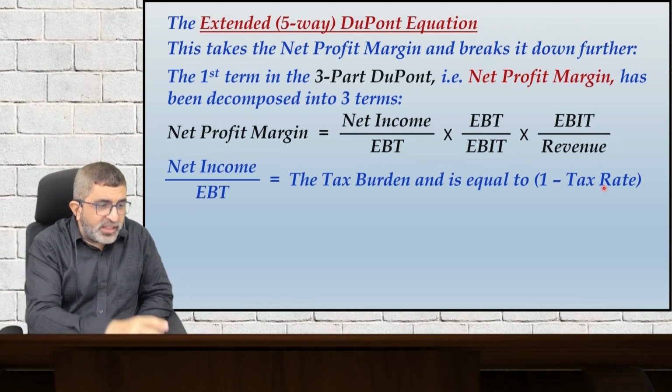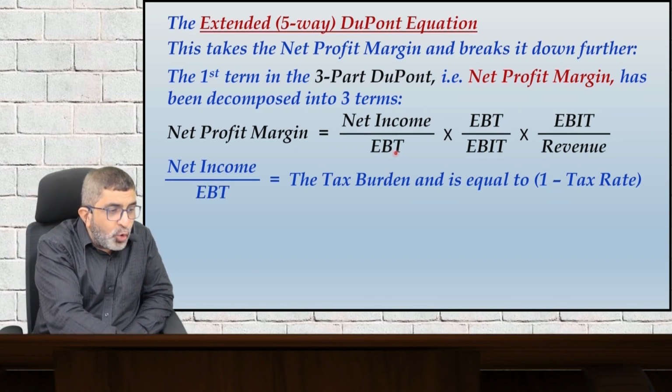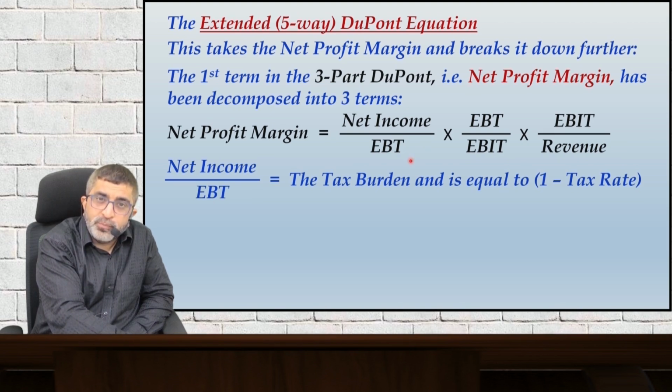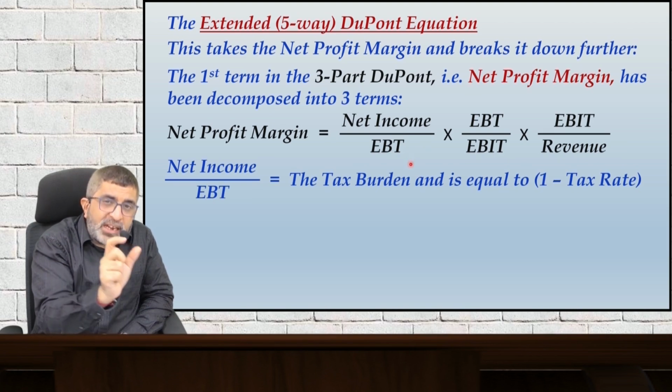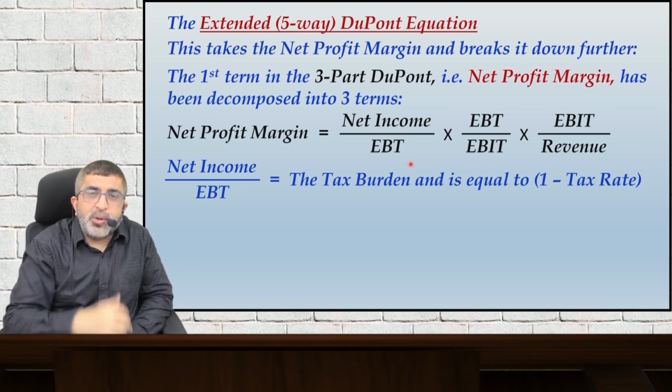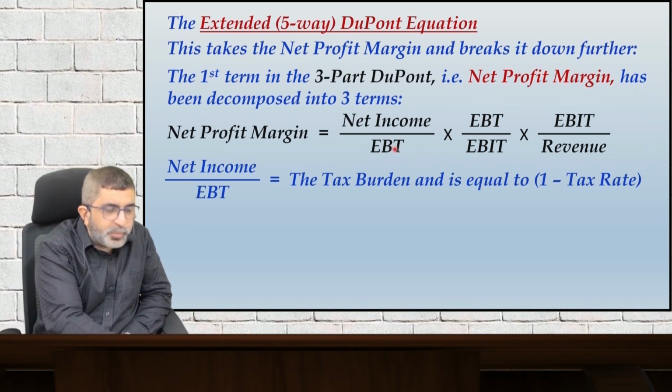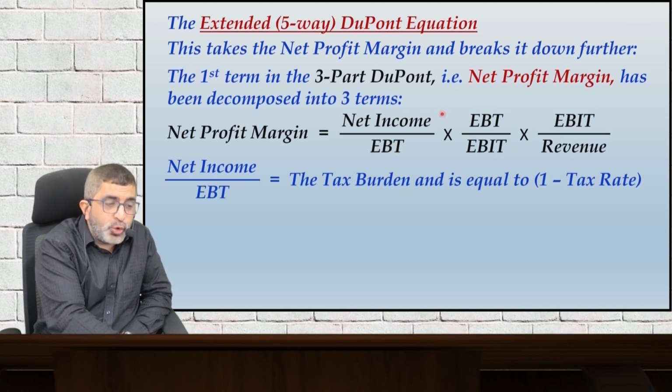So understand one thing, the higher the tax rate, the lower will be this ratio. Correct? As a result, we can get an idea of how much is the burden of tax depending upon this particular ratio. In the similar style, we can take the next ratio as EBT divided by EBIT, and this is called interest burden, because again, the numerator is after interest and the denominator is before interest.